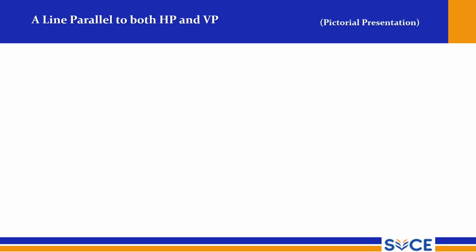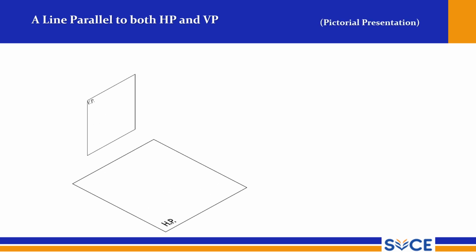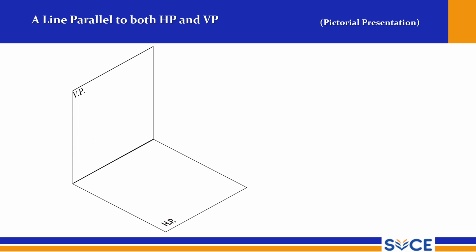So coming to the third case, a line parallel to both HP and VP. This is a peculiar case where in the front view and top view we can see the true length itself. That is the speciality of this position. And we have observer, we have HP, we have VP, and AB.